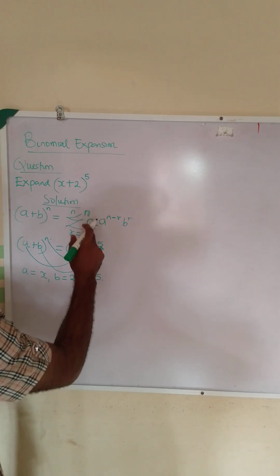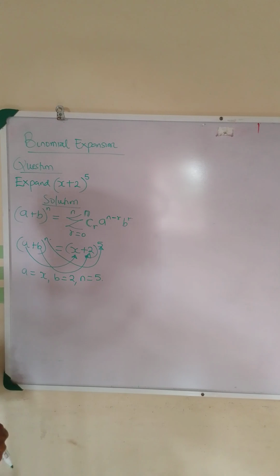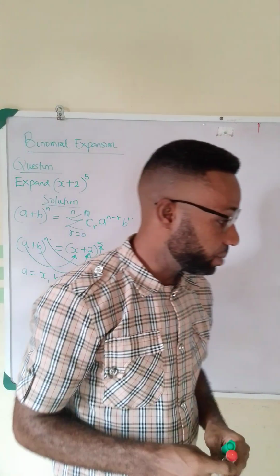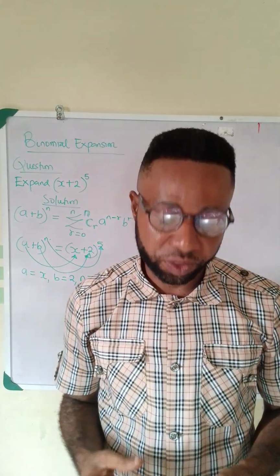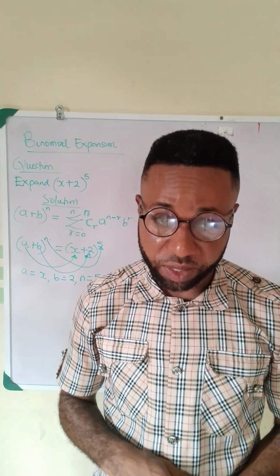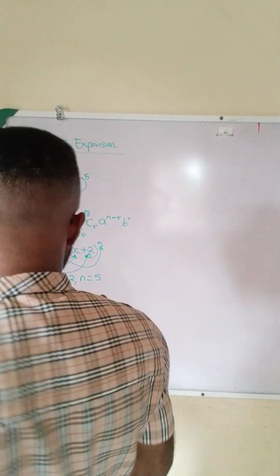We are going to be using the method of combination, and I have shown you in one of my videos how to express the problem in terms of combination and how to solve it, so you can watch out for the video.